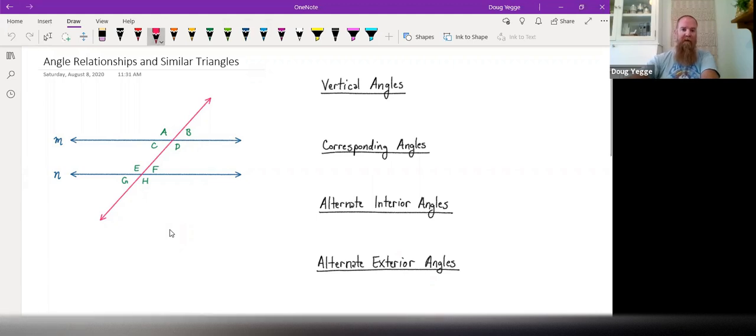If these two parallel lines are cut by this other pink line, which we refer to as a transversal, okay, a line that cuts through another line, then we've got four different angles that show up on each intersection of the transversal with line M, and four that show up on the intersection of the transversal with line N. Many of these angles are congruent to each other. Congruent is just the word that we give for equal measurement.